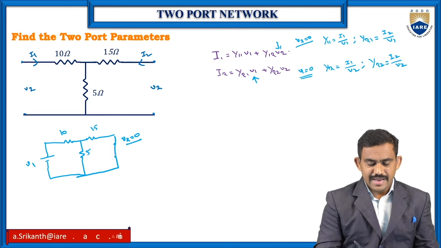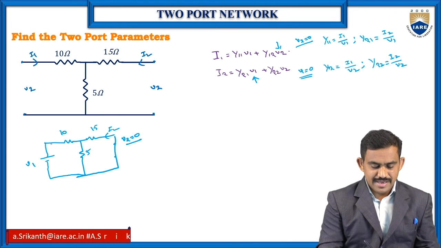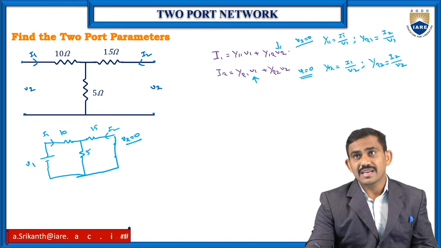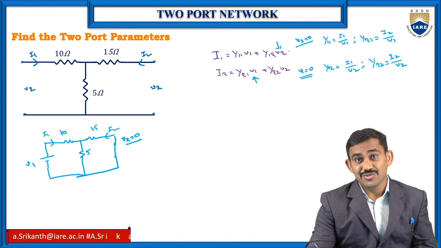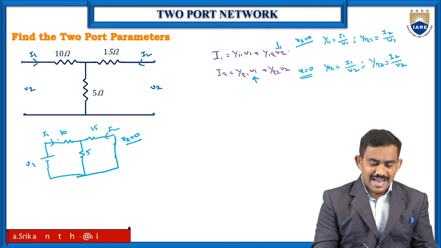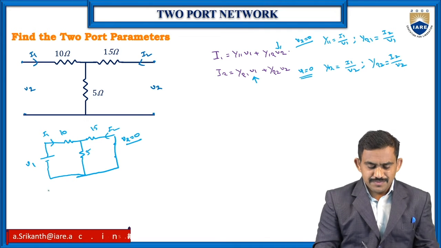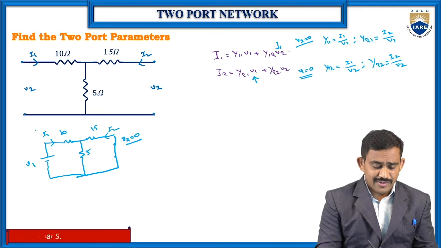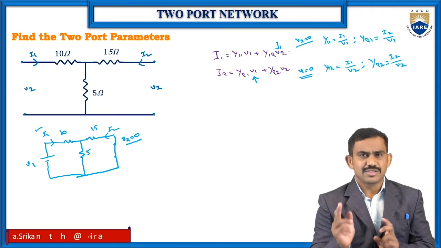V2 is 0, and here we have I2 current and I1 current. From this circuit, we measure the I1 value, V1 value and I2 value. First I will go for the I1 value. Don't worry about I2 here, just worry about I1. First I1, then we will worry about I2.